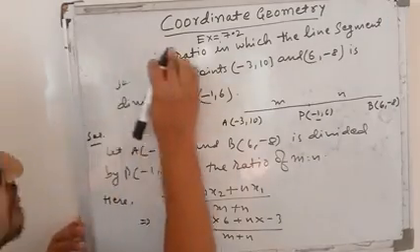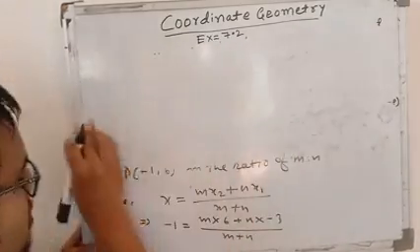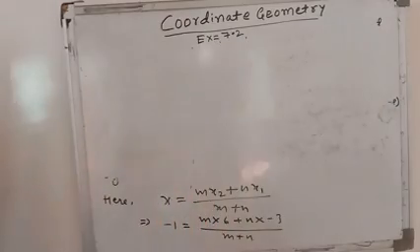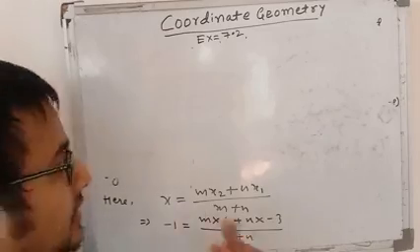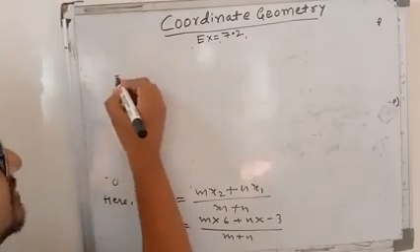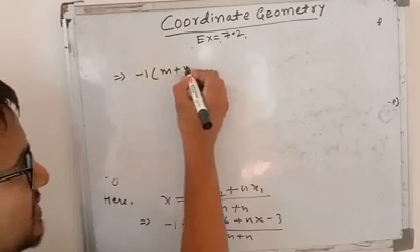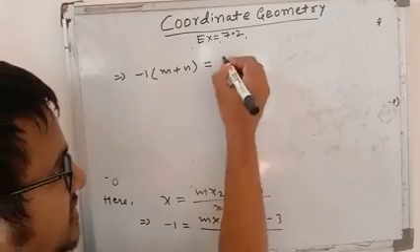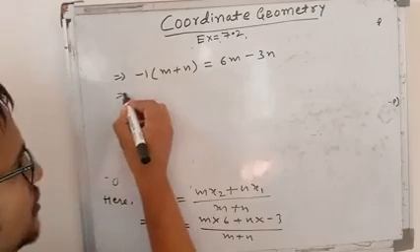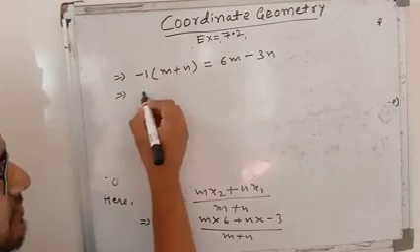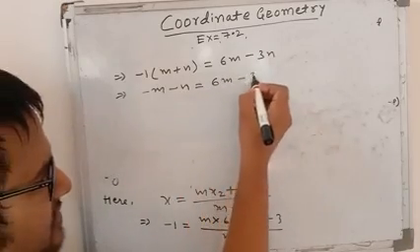Now you can use Y also, the ordinate, but I am using the abscissa here. This implies -1 times (m plus n) is equal to 6m minus 3n. Multiplying out, -1 minus m minus n is equal to 6m minus 3n.